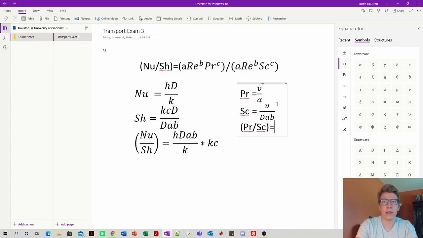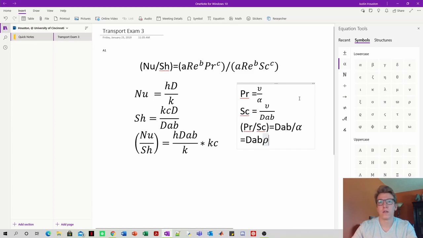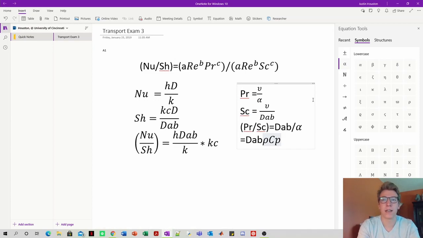When we combine the two, we get the diffusion coefficient DAB divided by alpha, which we can then simplify further. We know that this can then be equal to the diffusion coefficient times rho Cp, which is the density, rho, times the heat capacity.